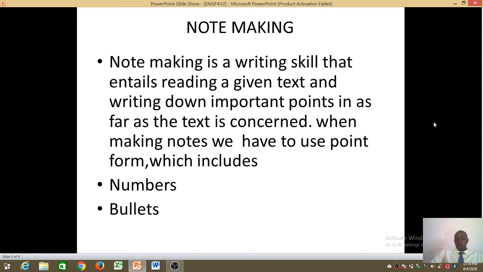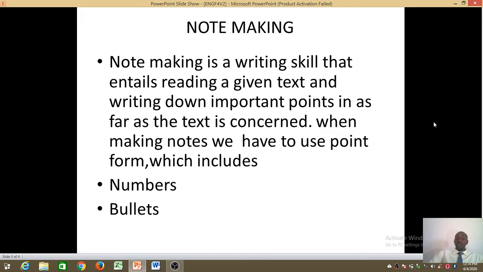Now, before we go to how we make notes using the point form, I want to draw your attention to what confuses most students when it comes to notes. We have note making and note taking. Our topic of discussion today is note making, where you read a given text and then you come up with short notes based on what you have read.